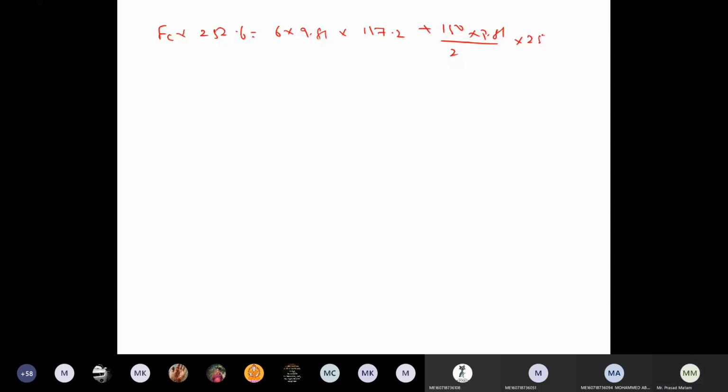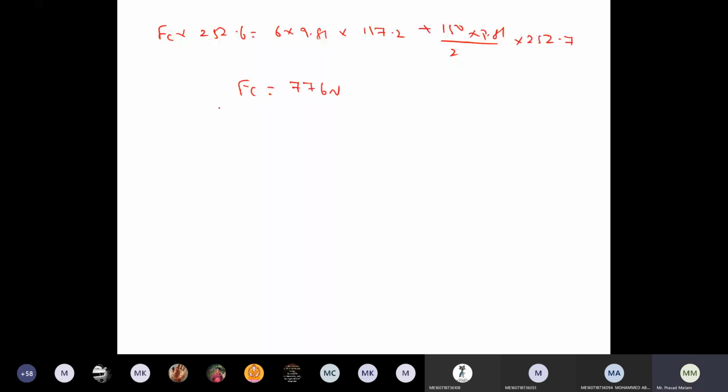I'm getting 252.7. On solving this equation, I'm getting the centrifugal force Fc as around 776 newtons.